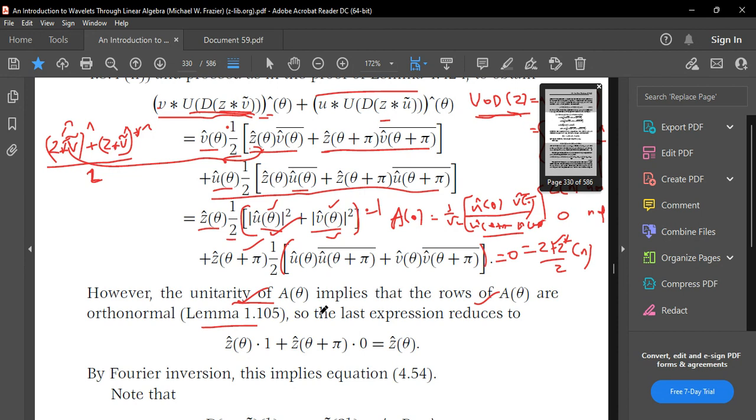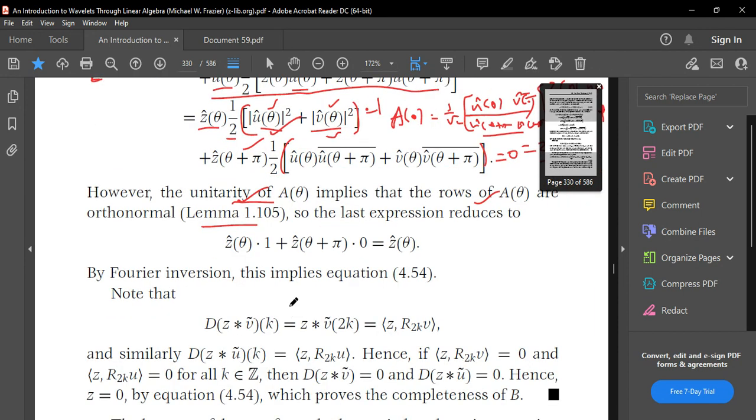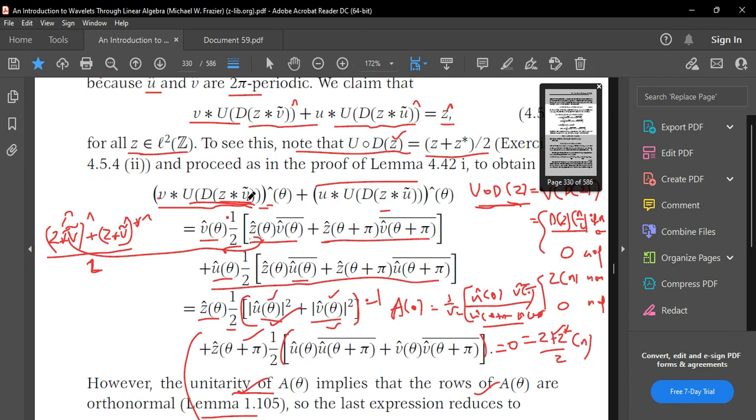So now we will get this expression as z cap of theta into 1 plus z cap of theta plus pi into 0. This will be equal to 0, and this will be equal to z cap of theta. So we have written that this cap plus this cap is equal to z cap of theta. That is, this one cap plus this one cap is equal to z cap of theta.